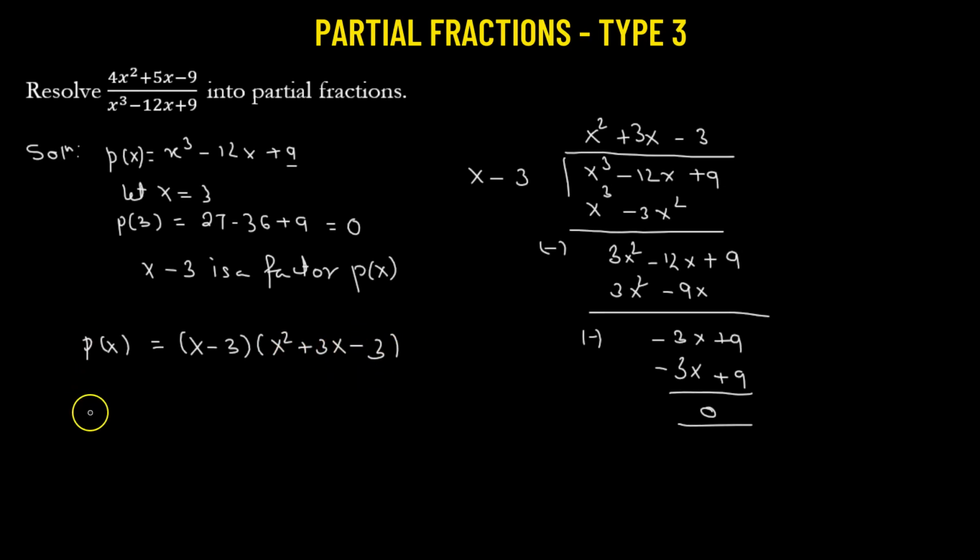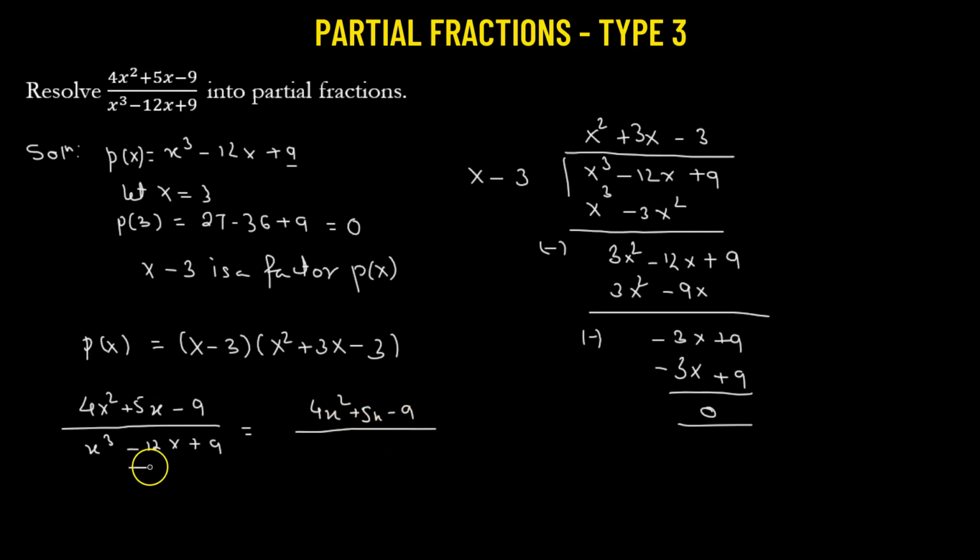Therefore, we can express (4x squared plus 5x minus 9) divided by (x cubed minus 12x plus 9) as (4x squared plus 5x minus 9) whole divided by x minus 3 multiplied by x squared plus 3x minus 3.